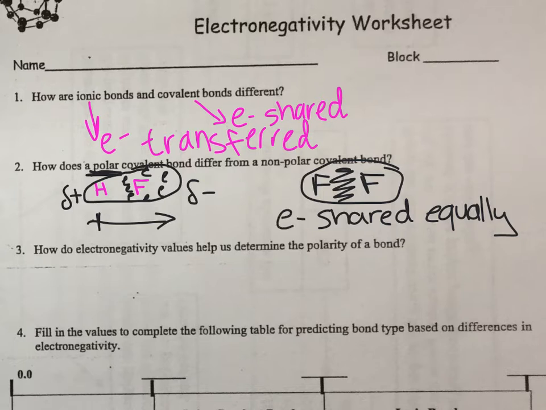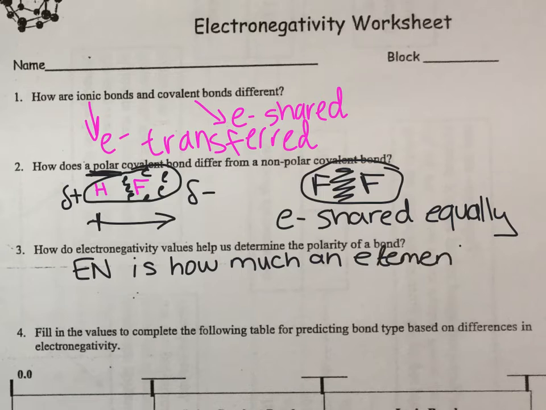Your electronegativity values help us come up with those two pictures, because electronegativity is how much an element is pulling on electrons.